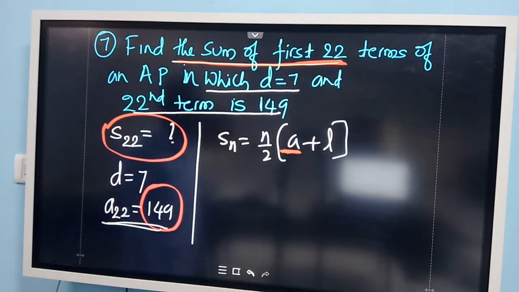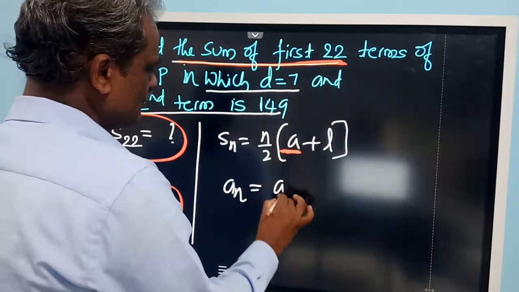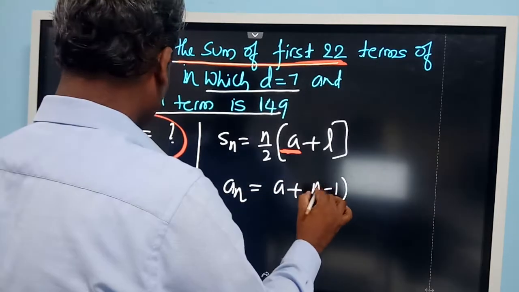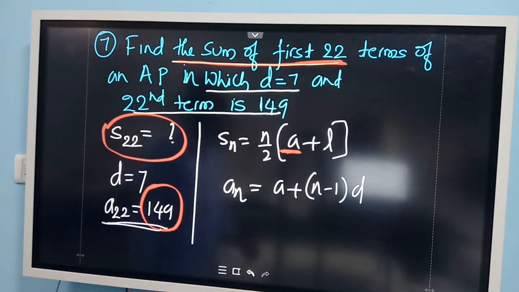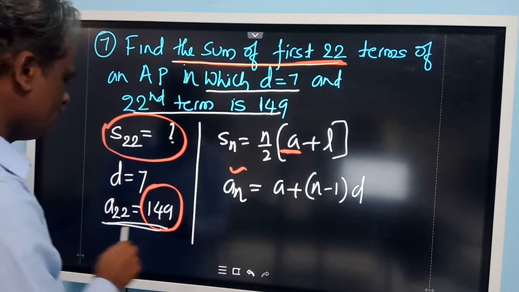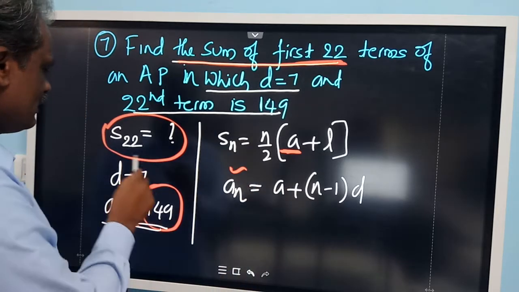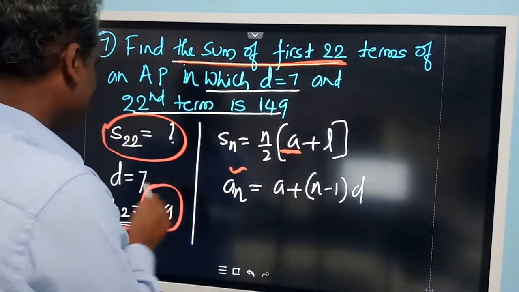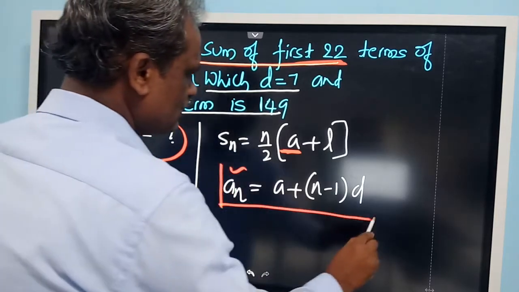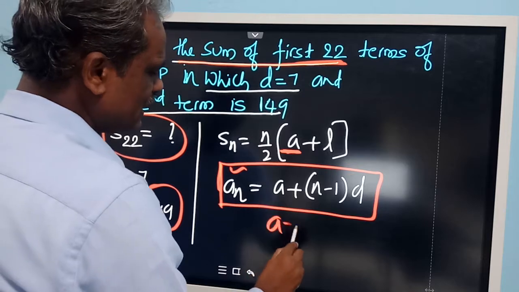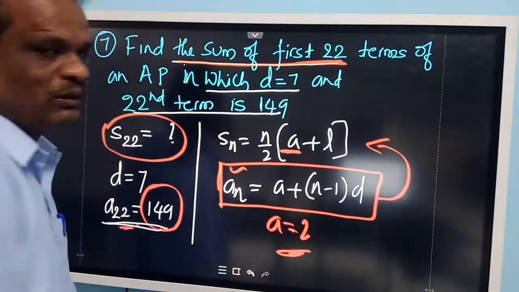The first term can be calculated using the nth term formula, an is equal to a plus n minus 1 into d. Here we have a22, that is the last term, n is 22, and the d value is known. After calculating a, you come back to the sum formula.